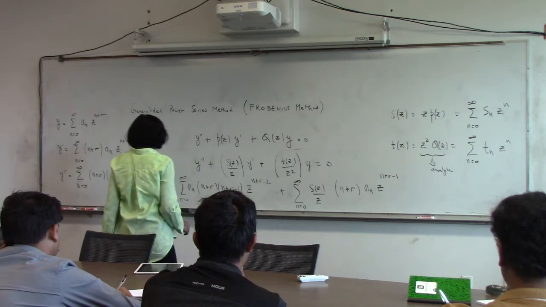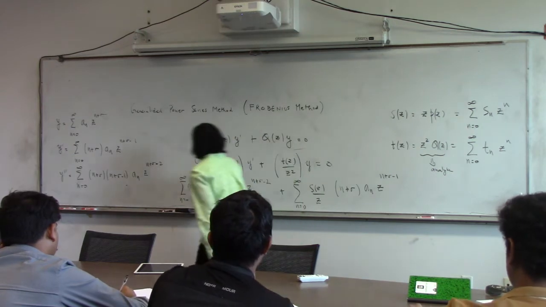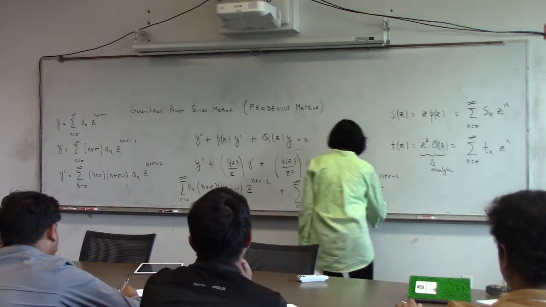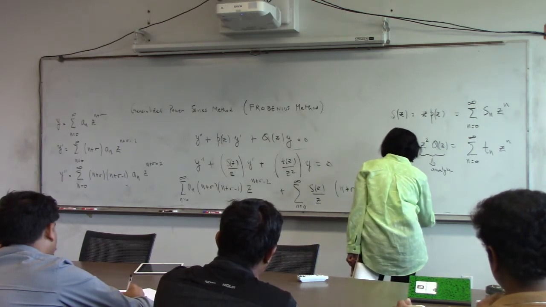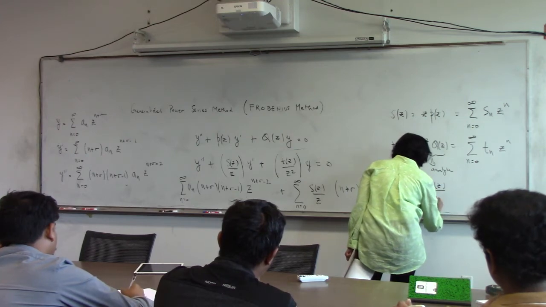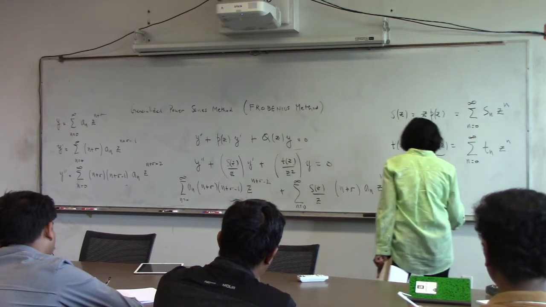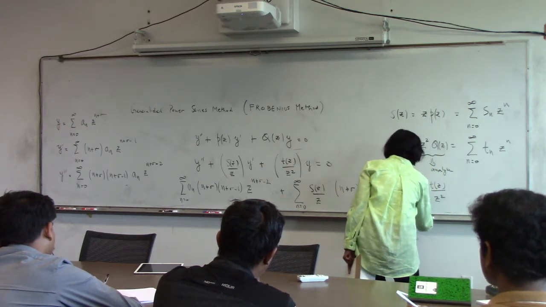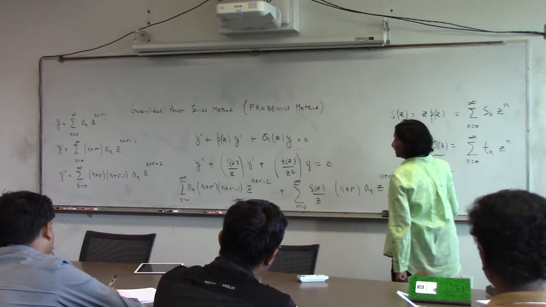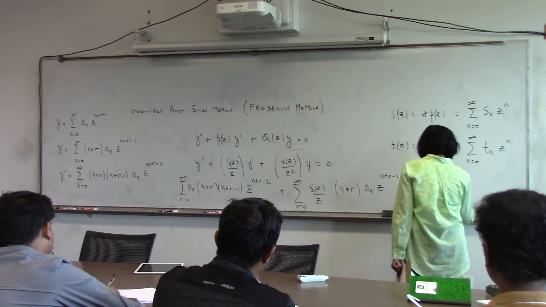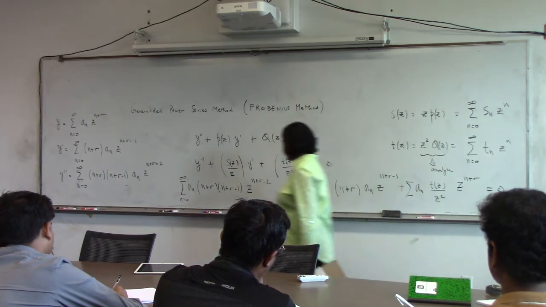Alright, so s of z y prime I've written down. Okay, and plus q of z. q of z is that, t of z over z squared, times the sum of a sub n z to the power of n plus sigma, equal to 0.